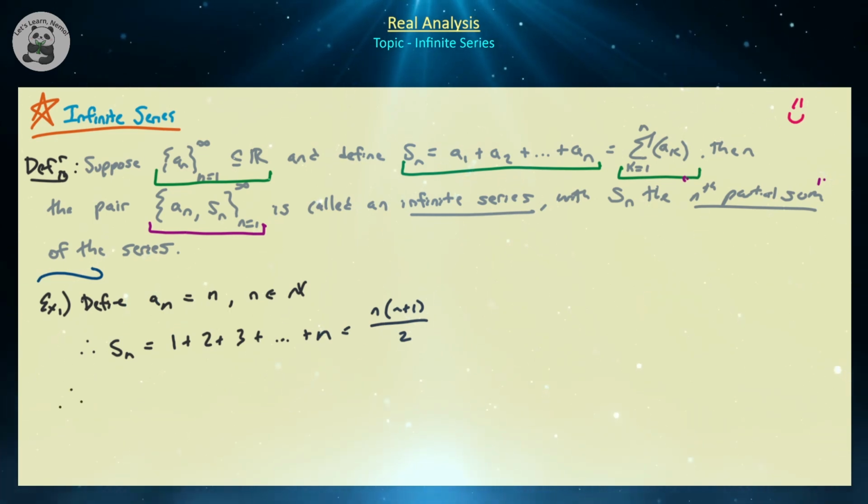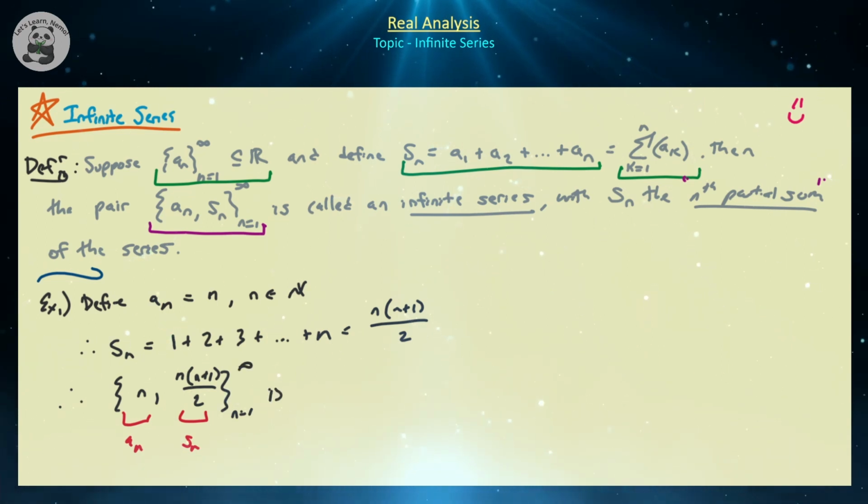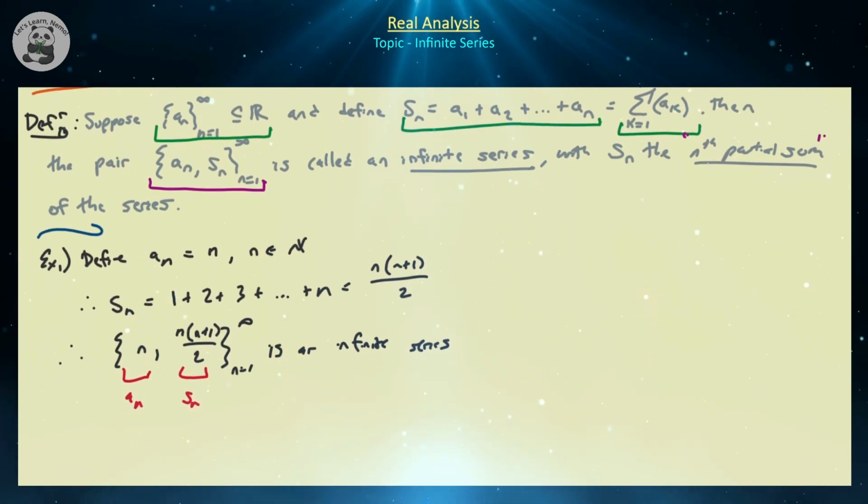So the pair n and n times n plus 1 divided by 2: here is our sequence, here is our nth partial sum. This pair, for n from 1 to infinity, is an infinite series. This is what we refer to as an infinite series.